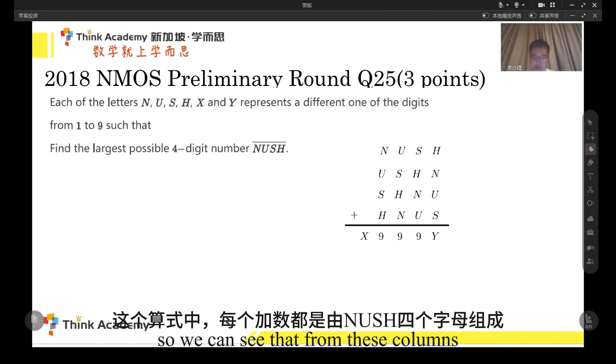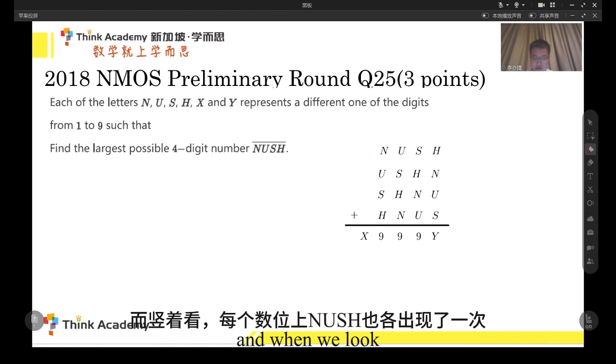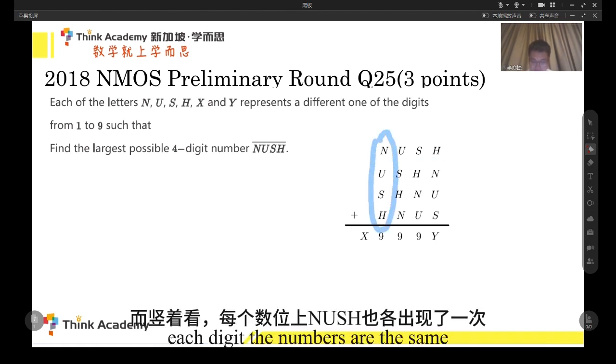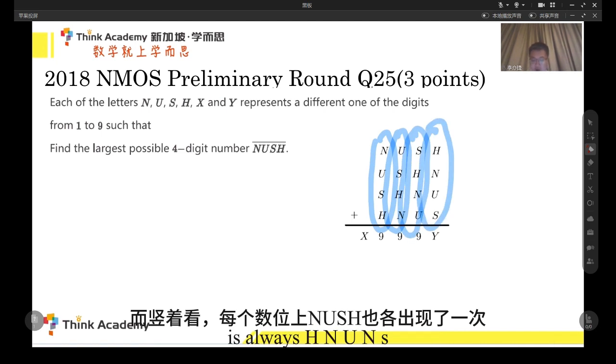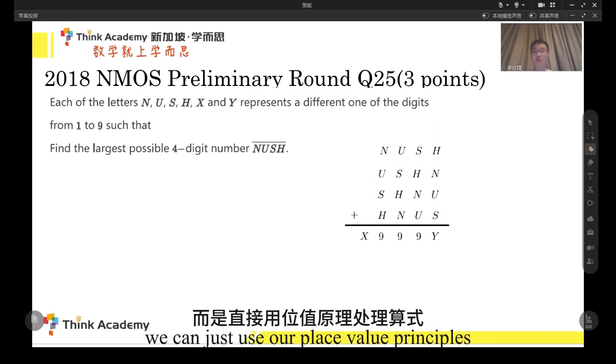So we can see that from these columns, it's interesting that each number here is formed by 4 digits N, U, S, and H. And when we look vertically, in each digit place, the numbers are the same. It's always H, N, U, and S. So now, instead of analyzing the column itself, we can just use our place value principles.